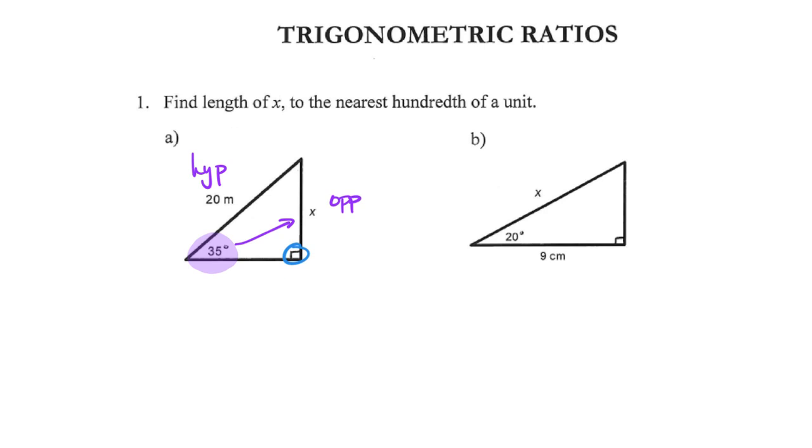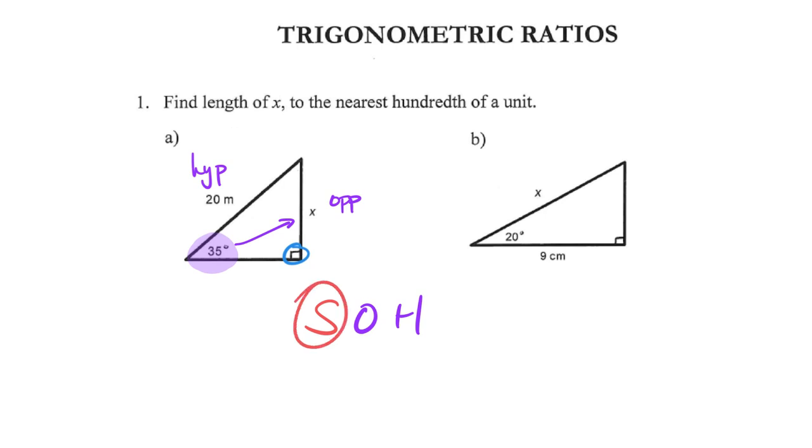So what I'm trying to think of now, okay, which trig ratio includes opposite and hypotenuse? So I need which one of those three little acronyms has an O and an H. And I'm hoping we go, hey, that's the SO part of SOH-CAH-TOA.